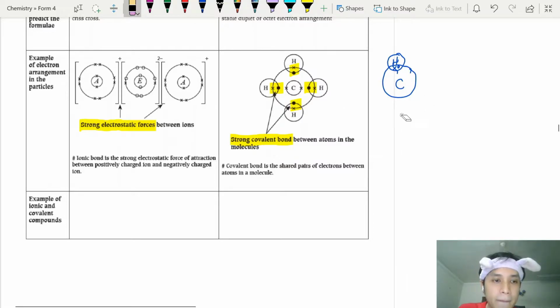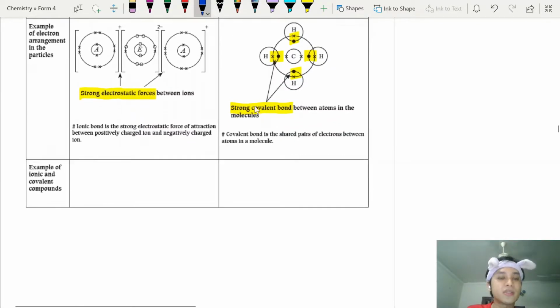Of course, you need to know examples of substances or compounds that are ionic or covalent. For ionic, there are a lot of examples, the ones that you learned in chapter 4, your periodic table. The most classic example is, of course, sodium chloride.